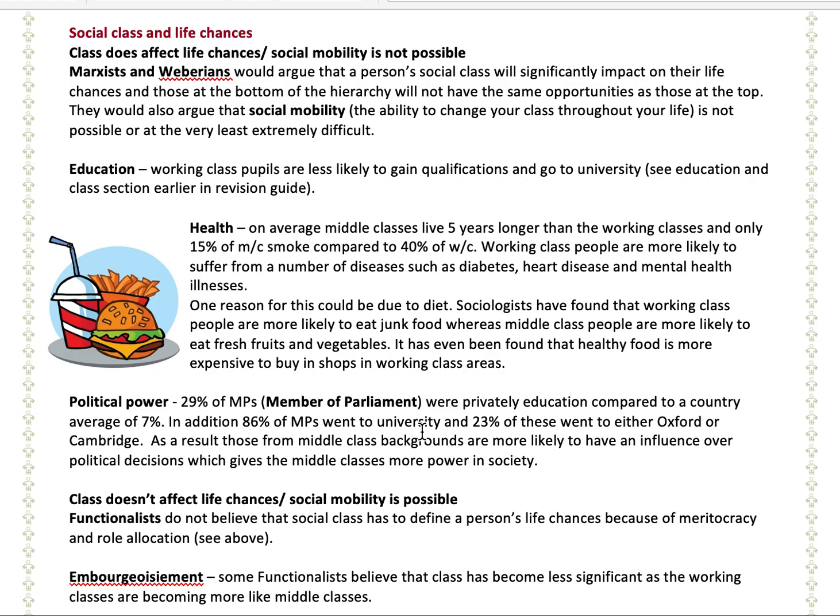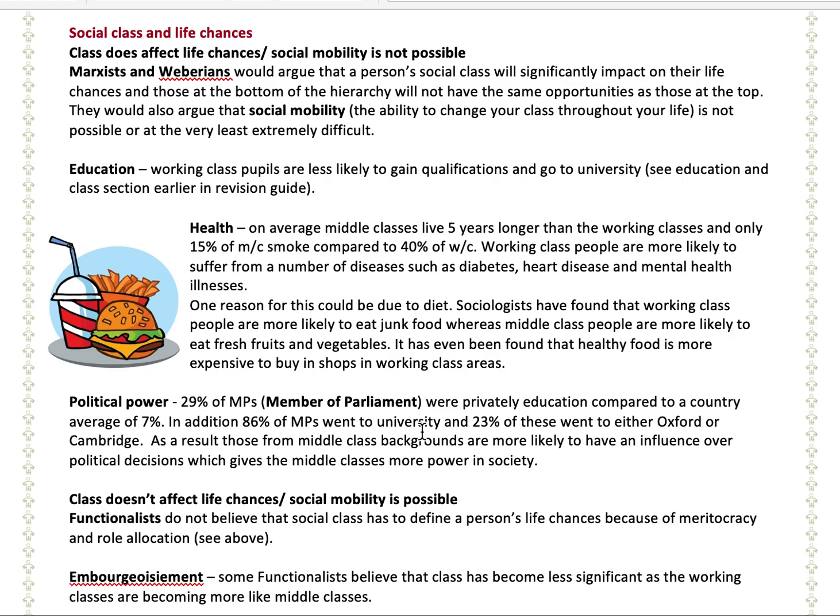You can refer to material deprivation, cultural deprivation, teacher labelling, all those things in a paragraph like that. Health: the middle class live 5 years longer, are more likely to live a healthier lifestyle, and can afford private healthcare, whereas the working class are disadvantaged in lots of ways to do with their health.